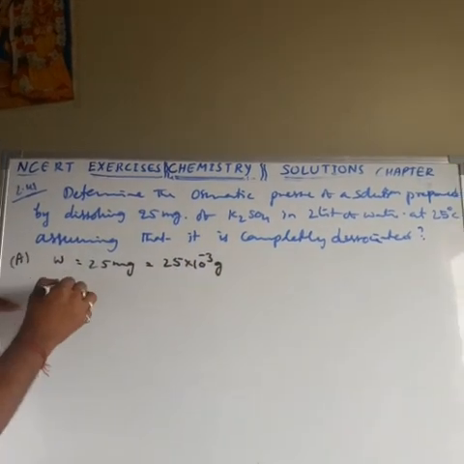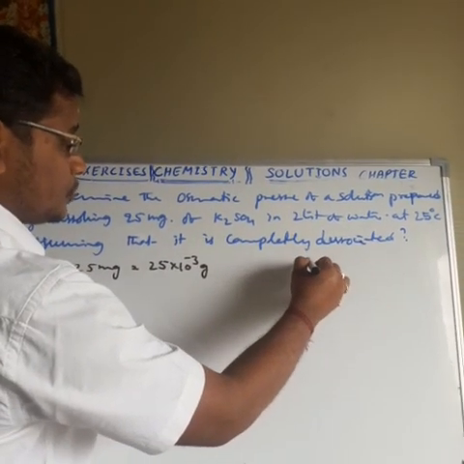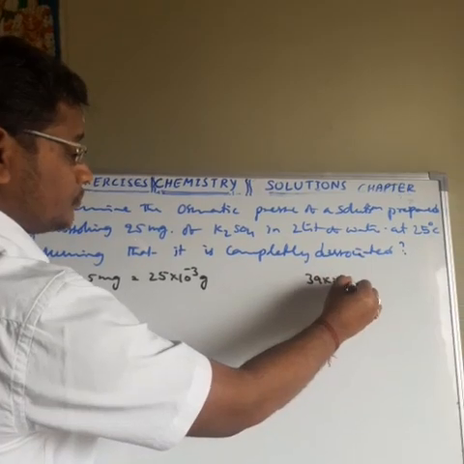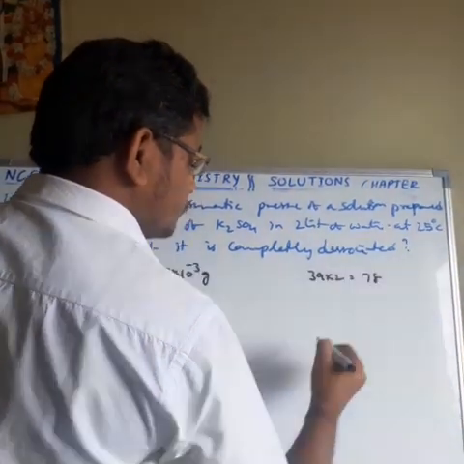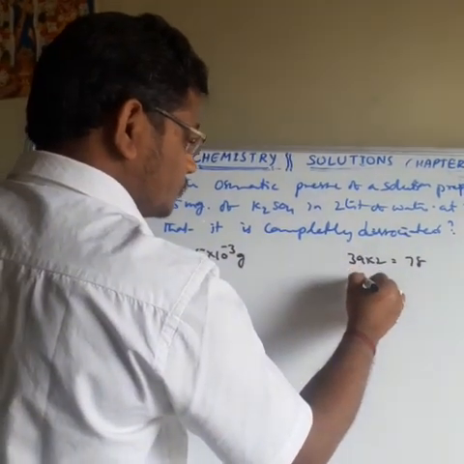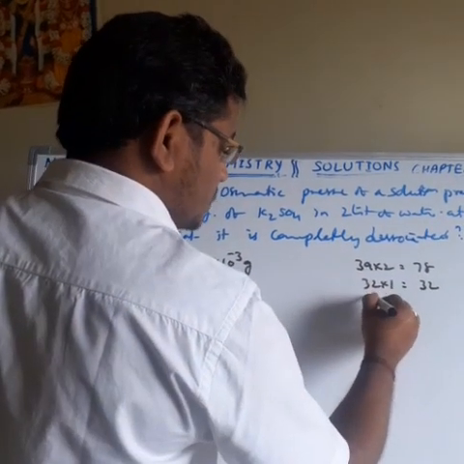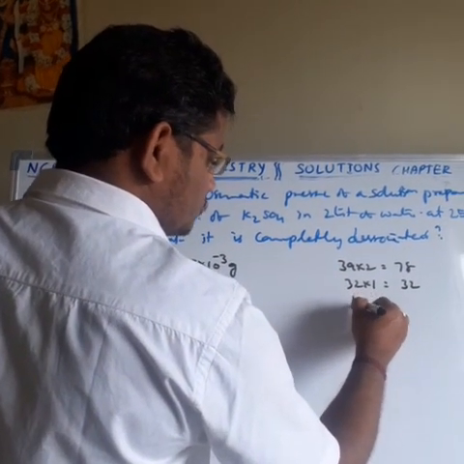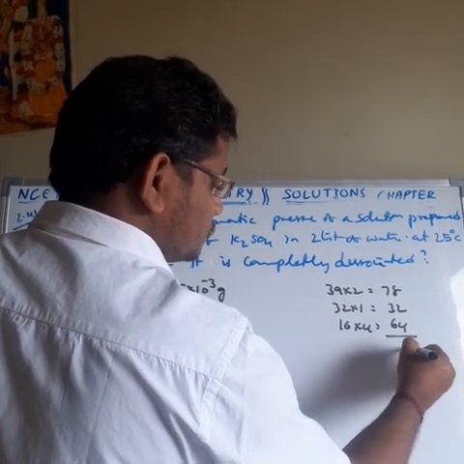Then molecular weight of potassium sulfate: potassium 39 into 2, its value is 78. Sulfur 32 into 1, 32. Oxygen 16 into 4, 64.